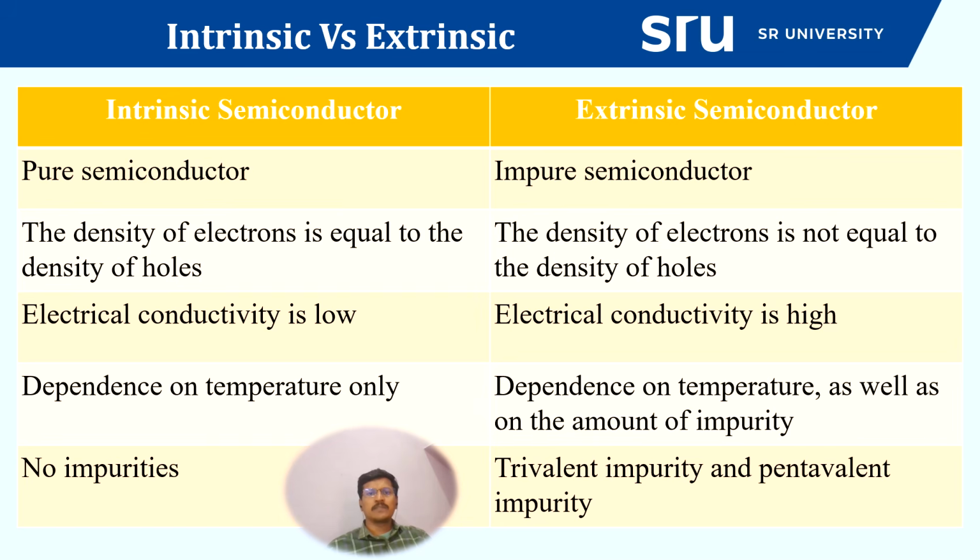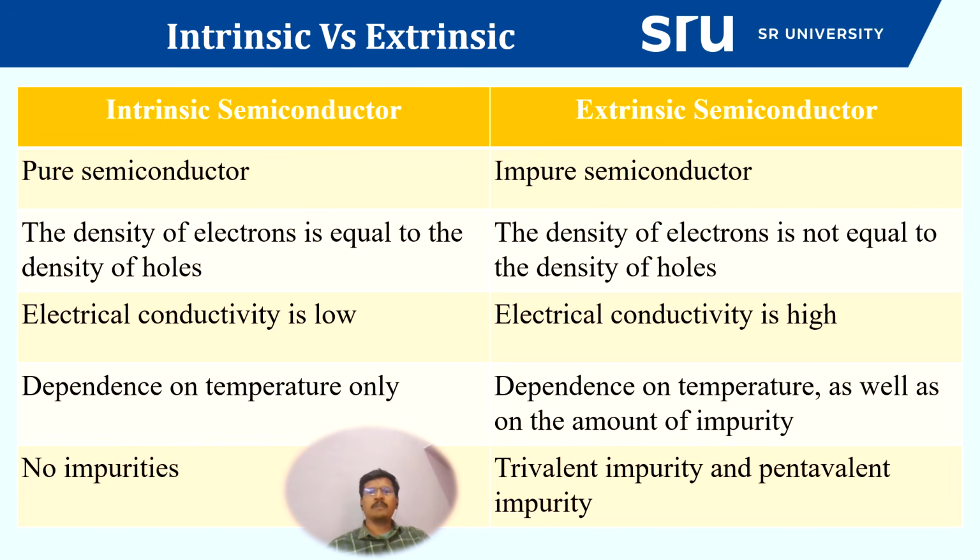Second, in intrinsic semiconductors, the number of electrons is always equal to the number of holes. In extrinsic semiconductors, the number of electrons is not equal to the number of holes.